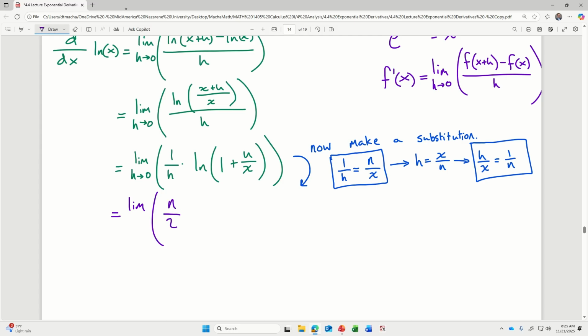One over h is now n over x times the natural log of 1 plus 1 over n. And there's one other thing that we need to discuss, which is what happens as h approaches 0?